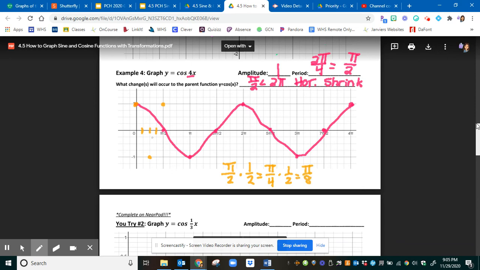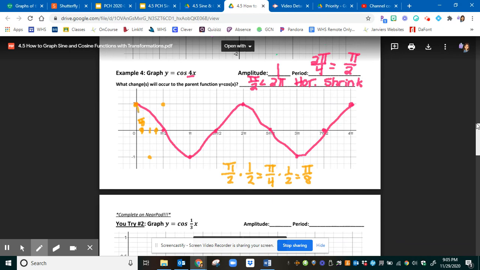So this x value right here is pi over 8, and I can't make this any smaller. This is where the pi over 2 point is now going to pi over 8. So all of these are pi over 8. So pi over 8, 2 pi over 8 reduces to pi over 4. Then this guy right here is 3 pi over 8, and it goes through right here.